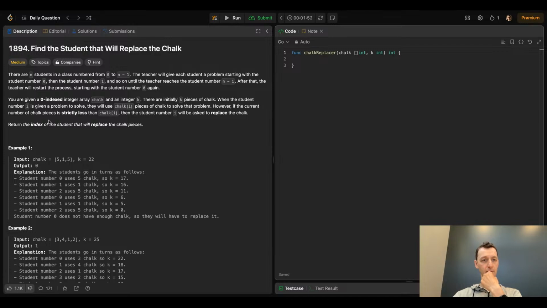However, if the current number of chalk pieces is strictly less than chalk[i], then student i will be asked to replace the chalk. Return the index of the student that will replace the chalk.